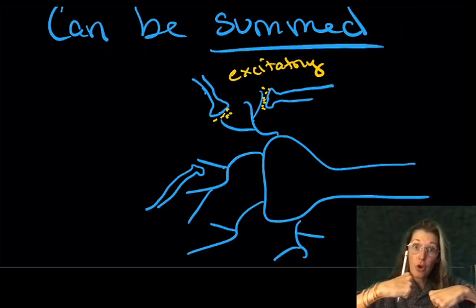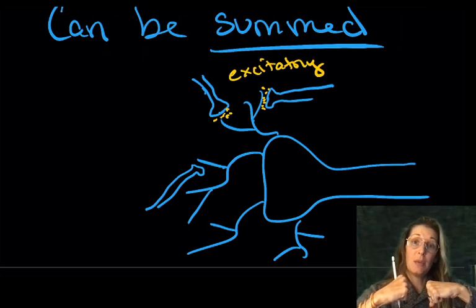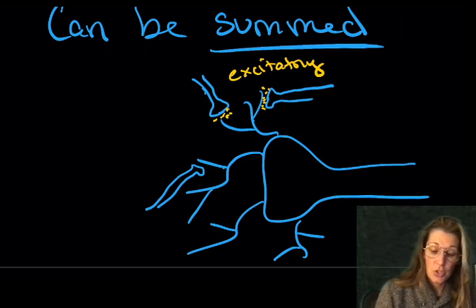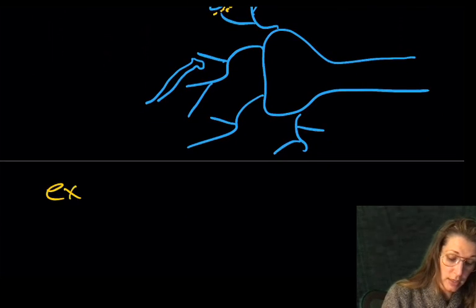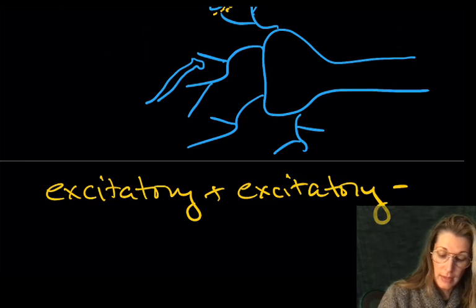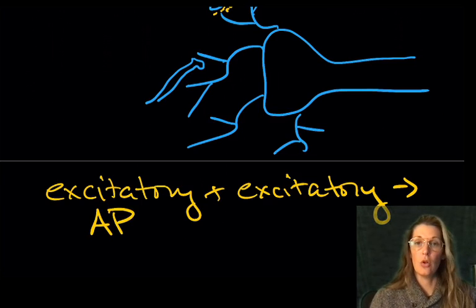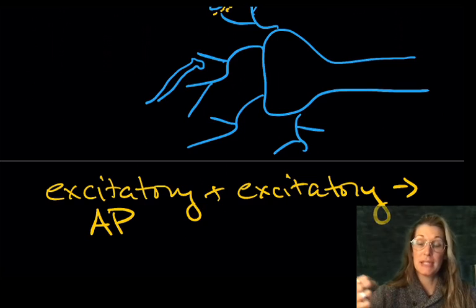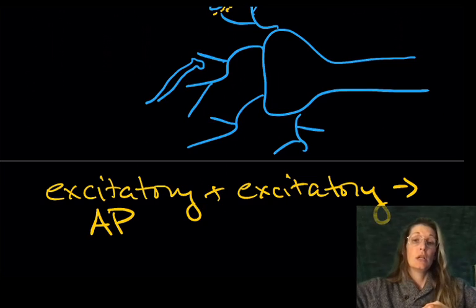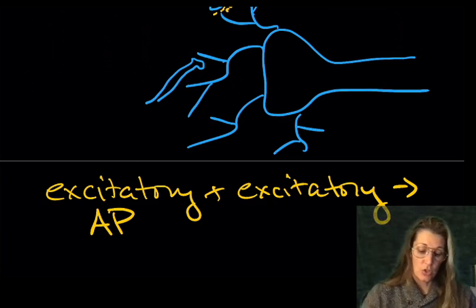But when both are releasing that excitatory neurotransmitter at the same time, then that's strong enough to produce an action potential. So you can get excitatory plus excitatory. And then that can possibly produce an action potential where you wouldn't have had one from a single incoming neuron, from a single presynaptic neuron releasing neurotransmitter. If you have both, maybe that's then strong enough. Because remember, the strength of the stimulus directly relates to the strength of the graded potential.